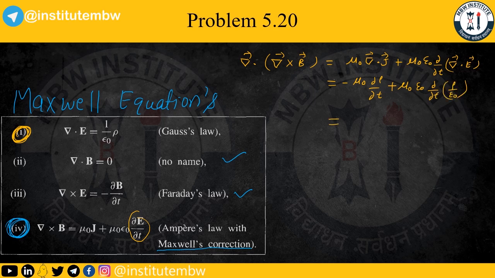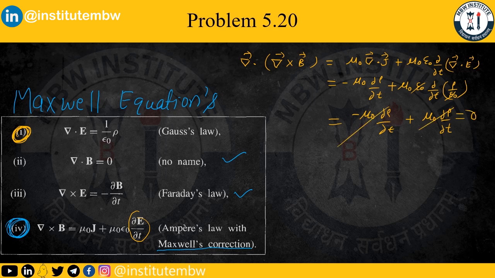This epsilon naught cancels out that epsilon naught, so we get minus mu naught del rho over del t plus mu naught del rho over del t, and this will cancel out to 0.